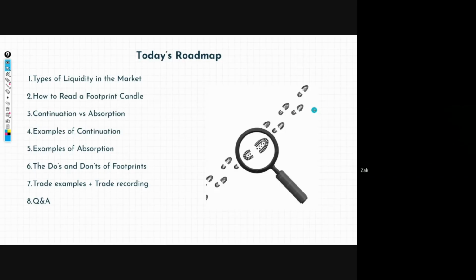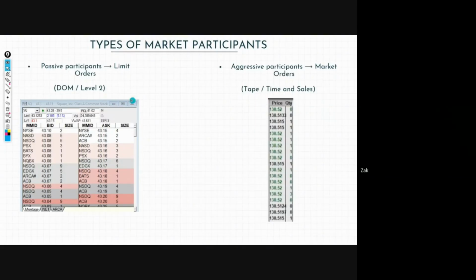The first thing we're going to be talking about is the different types of liquidity in the market. There are quite a few styles of liquidity. The two that you need to concern yourself with as a day trader are passive participants and aggressive participants.